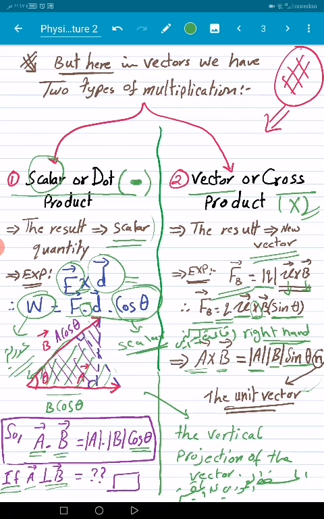A dot B is equal to the magnitude of A times B cosine theta. If A is perpendicular to B, it is equal to 0. Why? Because cosine 90 degrees is equal to 0, so anything multiplied by 0 is equal to 0.